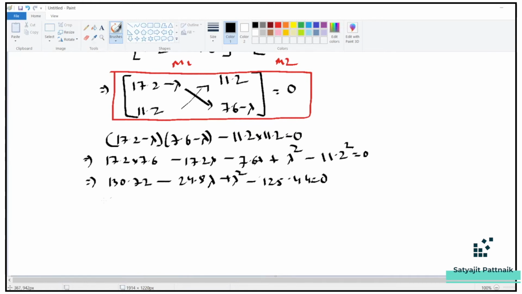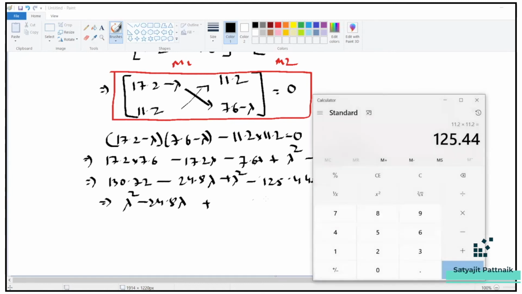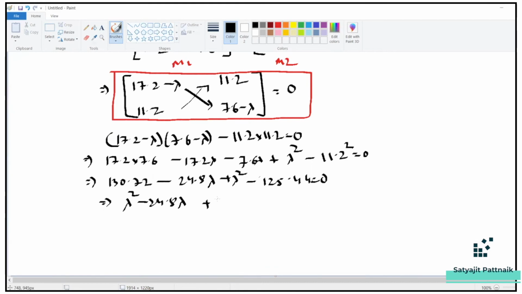Equals 0. So let's convert it into a quadratic equation: lambda square minus 24.8 lambda plus (130.72 minus 125.44), which is 5.28, equals 0. So this is my quadratic equation. I'm not going to teach you how to solve a quadratic equation.